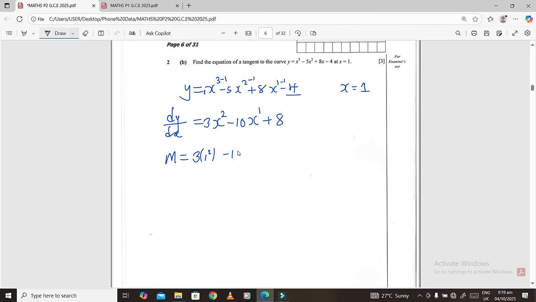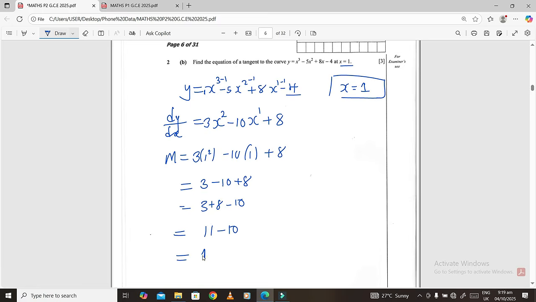That's a rule, using the value given in the question. Then we're going to have 3 minus 10 plus 8. This will be 3 plus 8 minus 10, which is equal to 11 minus 10, and this gives us a 1. So please keep this, that we found m to be equal to 1.